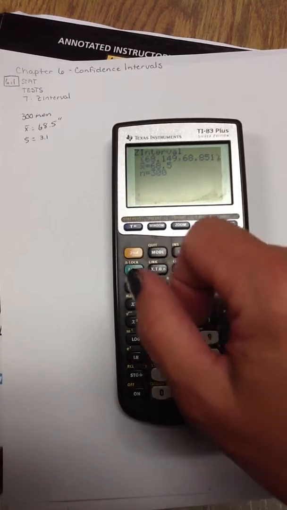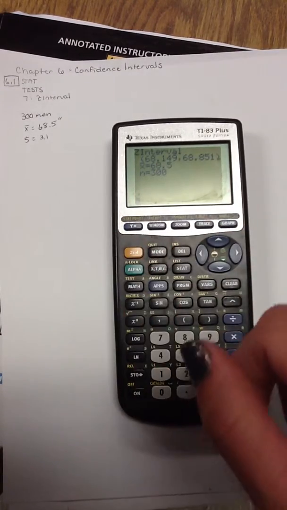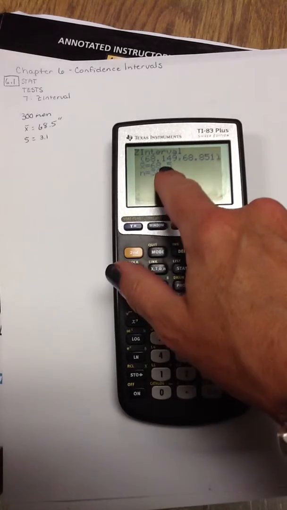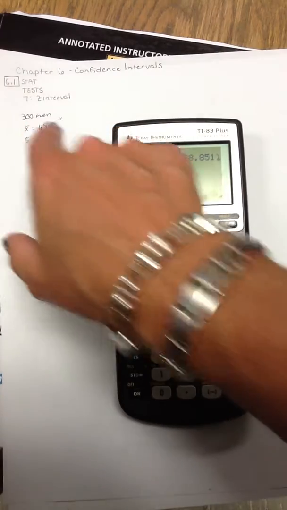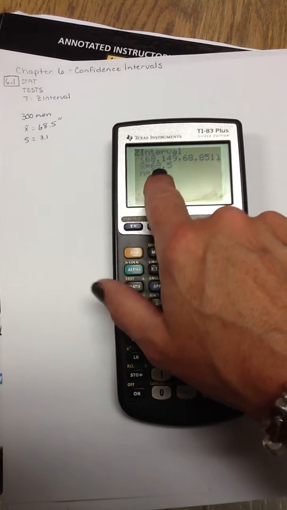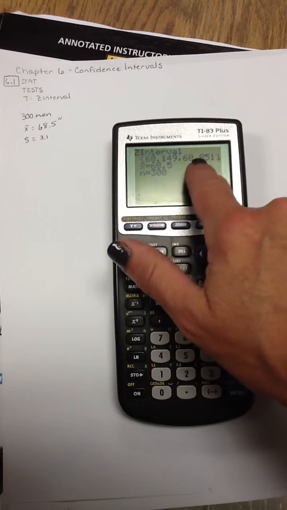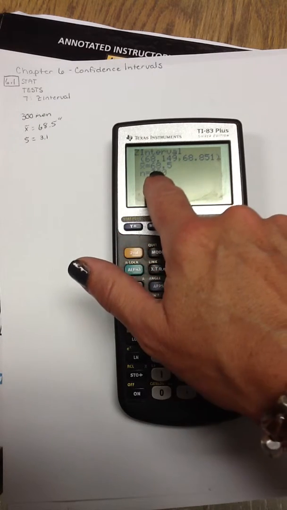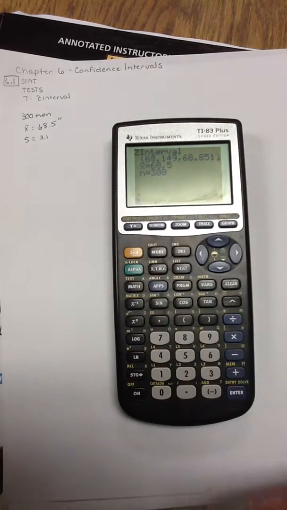We can also calculate our error based on what we have here. So if I want the error, note that the mean, the 68.5 that we came up with, is going to be the number directly in the middle of these two values. So the error is how far these values are away from 68.5.